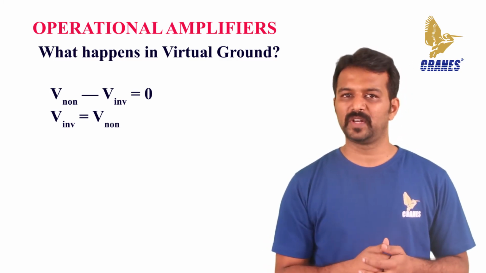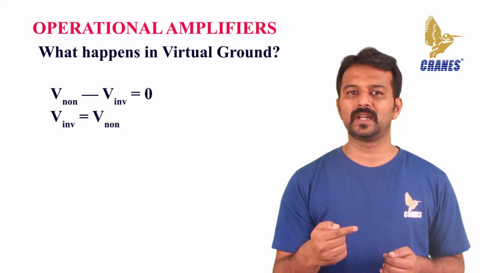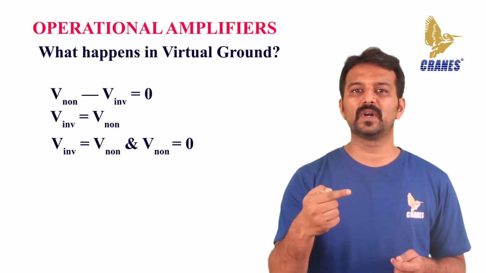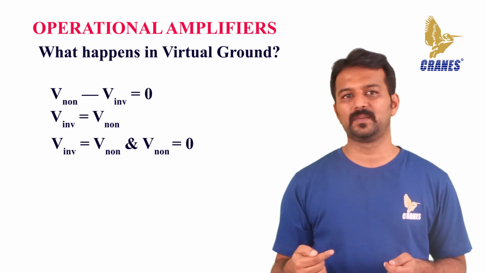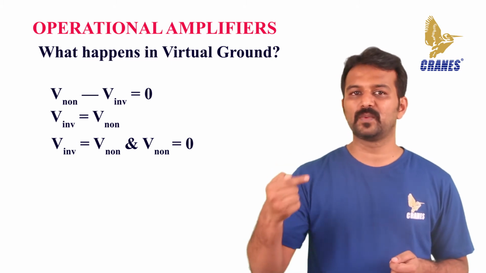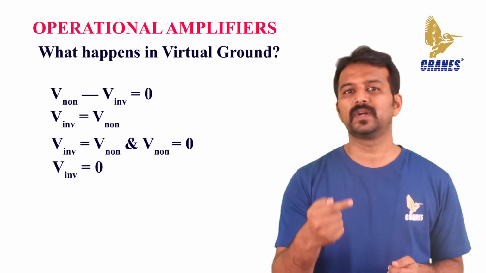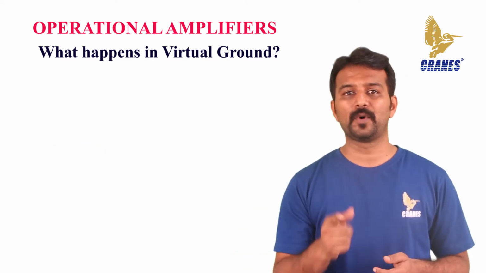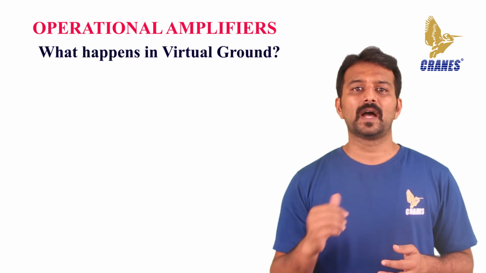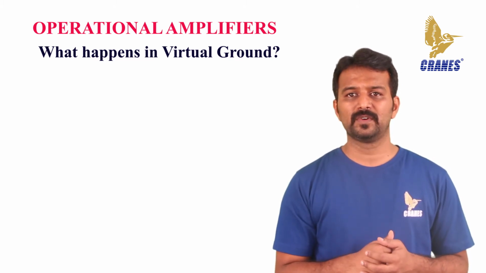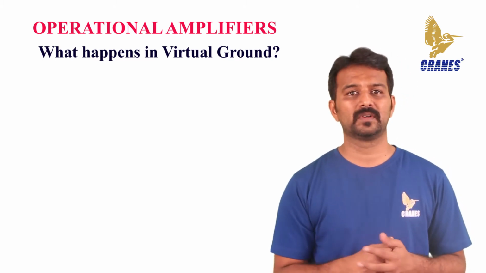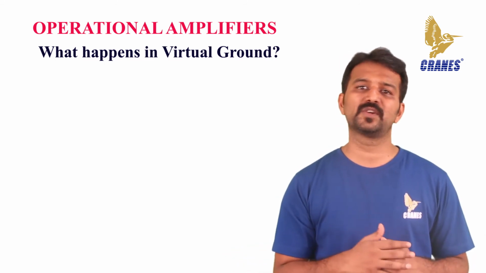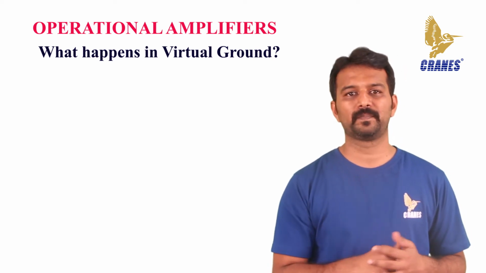In an inverting configuration, V non-inverting is connected to ground, and as V inverting terminal is equal to V non-inverting terminal, and V non-inverting is equal to 0, obviously V inverting terminal will also be at 0. Ground is nothing but a point with a voltage 0. As voltage at these terminals is 0, we can refer to them as virtual ground. They aren't physically connected to the ground, but as they possess 0 voltage, they are termed as ground.